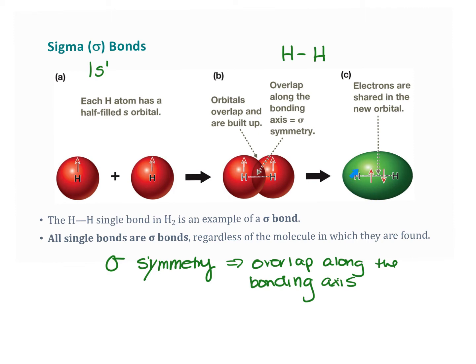So we have formed a sigma bond here. Here's the deal. It's in bold. It's super important. All single bonds are sigma bonds, regardless of the molecule in which they're formed. If you see a single bond, it's a sigma bond, right? And so that's the symmetry that it's going to have. Now, let's talk about carbon just a little bit.